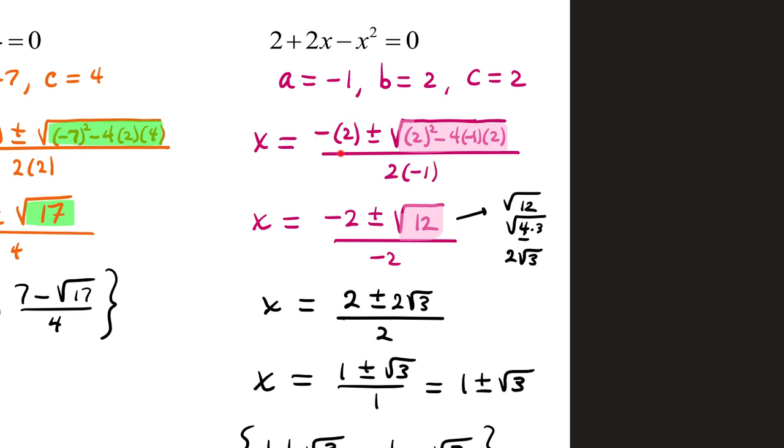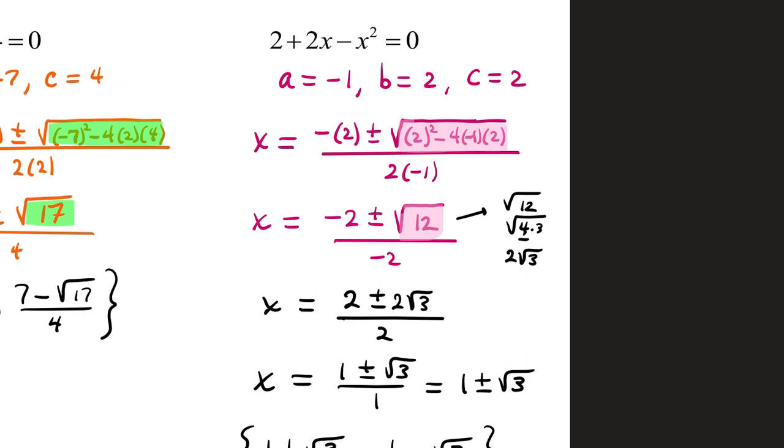The upper left simplifies to negative 2. So does the denominator. The discriminant, highlighted in pink, that's 4 plus 8, which is 12. 12 is not a perfect square, but it has a perfect square factor of 4. 12 you can write as 4 times 3. Square root of 4 is 2. Square root of 3 has to be left there.